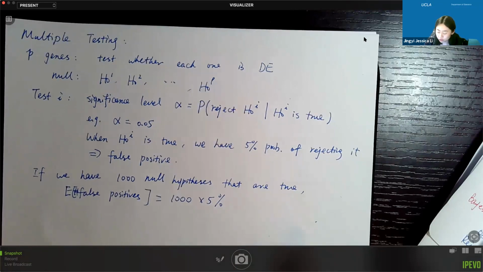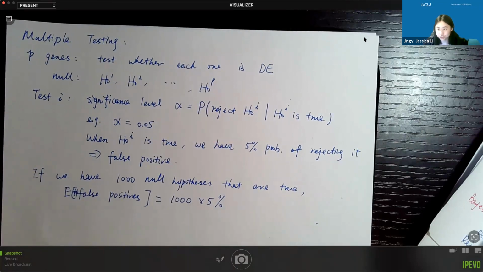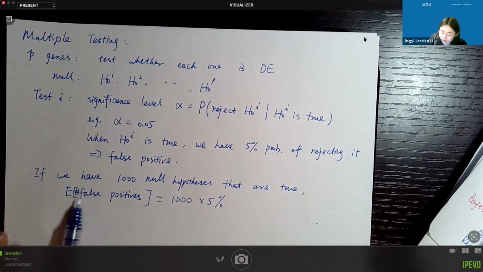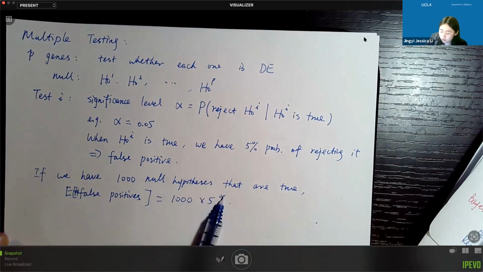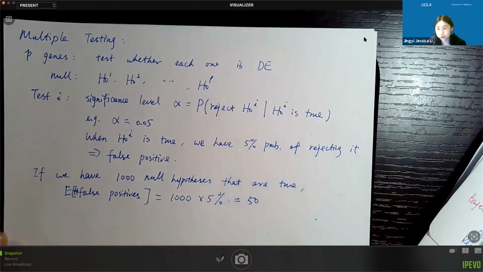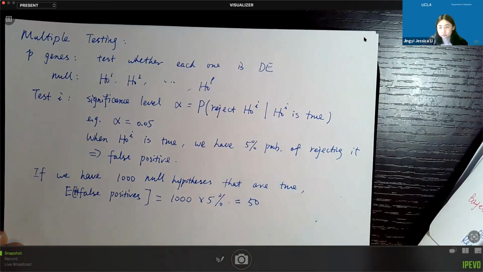Each null hypothesis, which is true, has 5% probability of being mistakenly rejected. And we have 1,000 of those. So their false positive probability will accumulate, right? And that will give me 50 false positives.